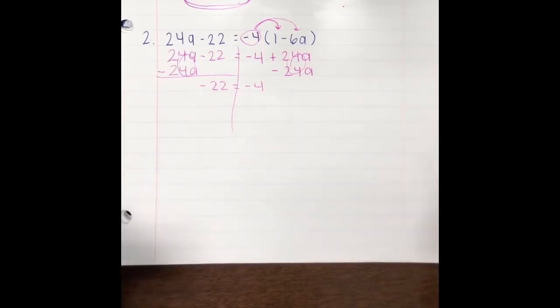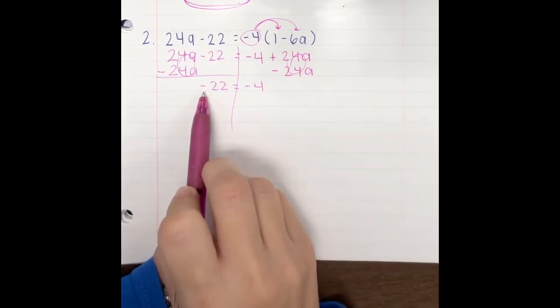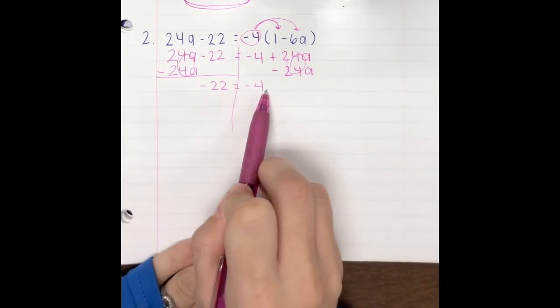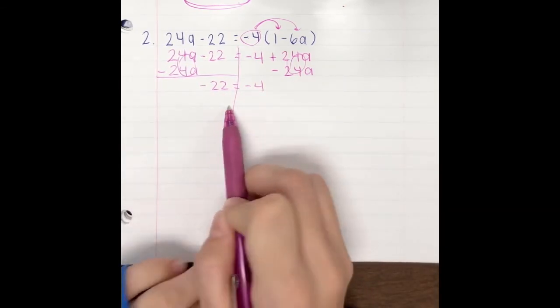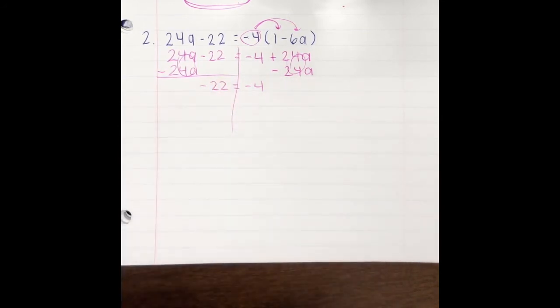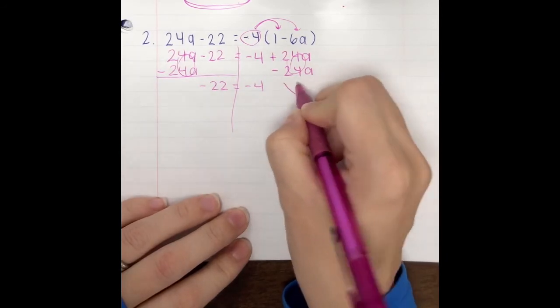All my variables went away. So am I going to end up with a equals to something? No. I end up with negative 22 equals negative 4. Is that true? Is negative 22 actually equal to negative 4? Absolutely not. This is not true.